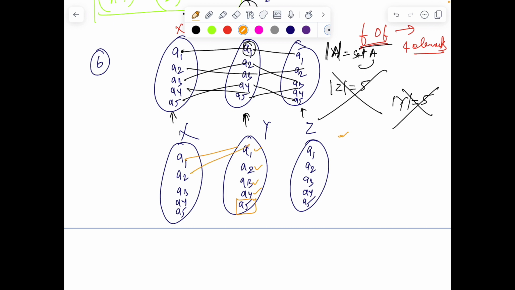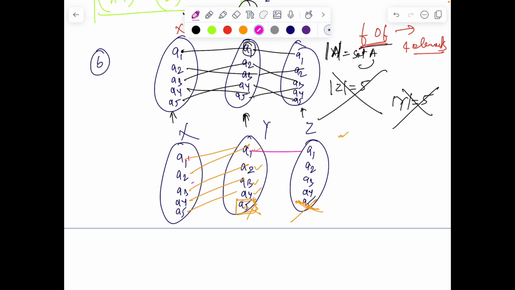So of course it's possible, because z will also contain 4 elements. So let's say one of the mappings is something like this. Now as we know, none of the elements is mapped to a5. So clearly a1, a2, a3, a4 will be mapped to a1, a2, a3, a4. We don't have any mapping of a5. In this particular situation, what kind of mapping will we get? We know since a1, a2 is mapped to a1.